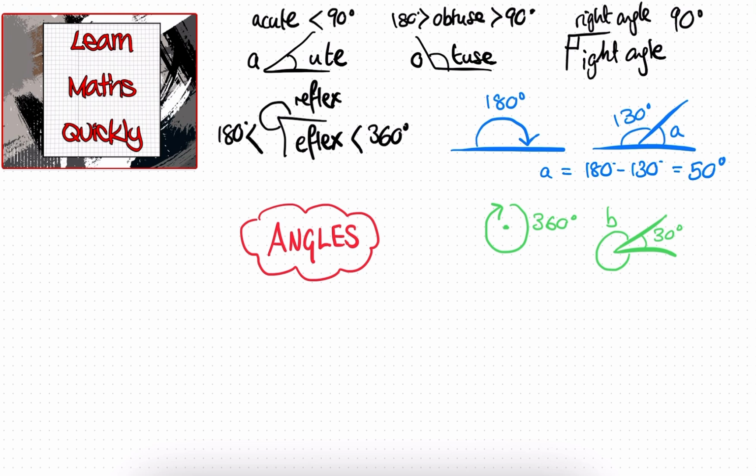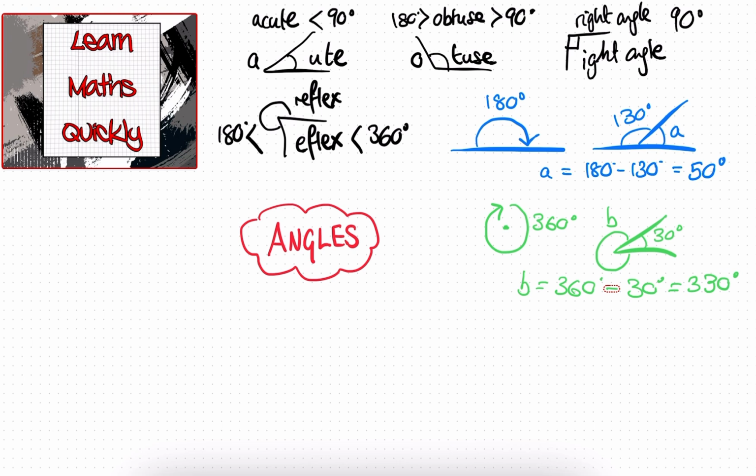Well, we know the full turn is 360. We know we've got that little B section around the outside, and we've got the 30 on the inside. So B is the same as saying 360 degrees, take away your 30 degrees, which is 330 degrees. And that's your B.